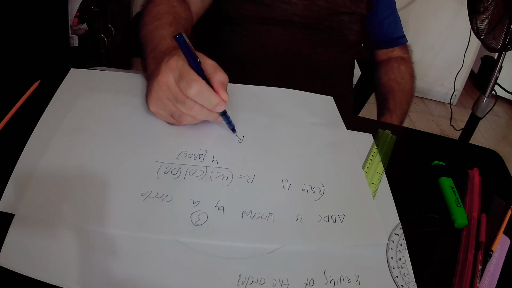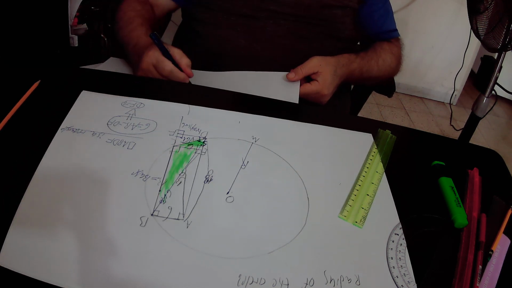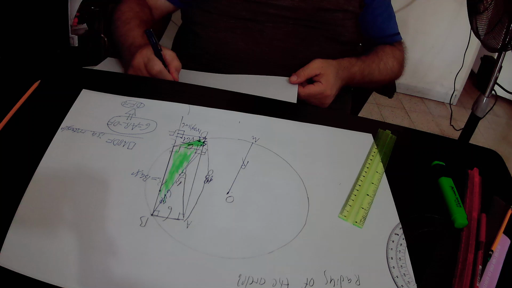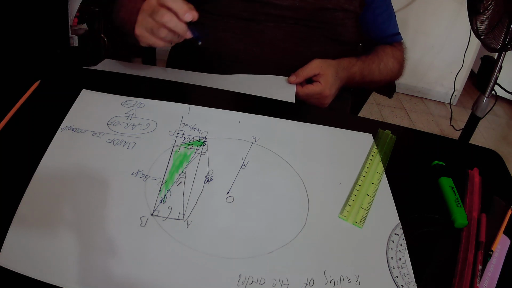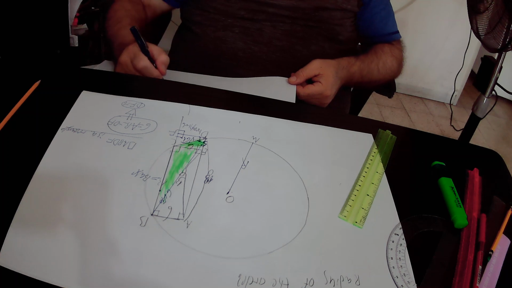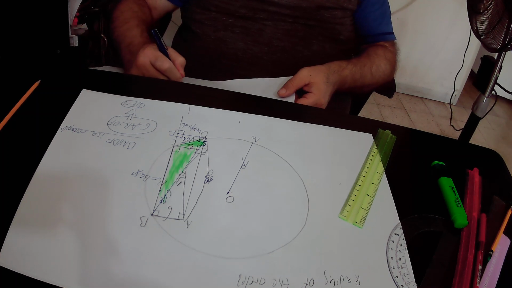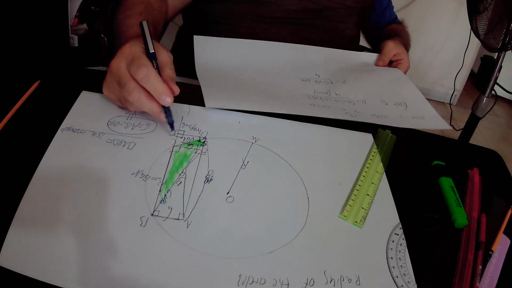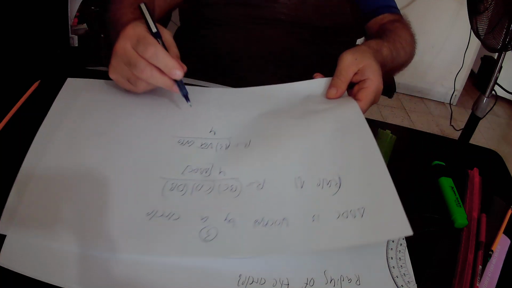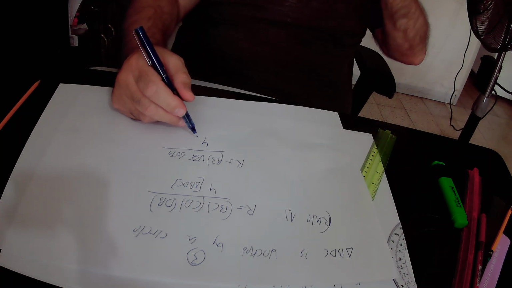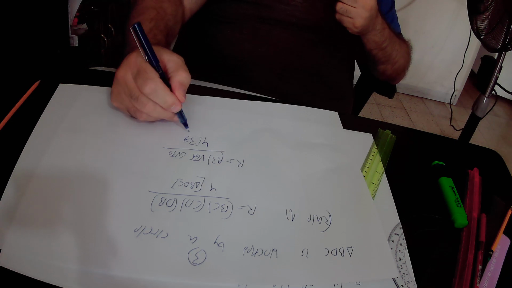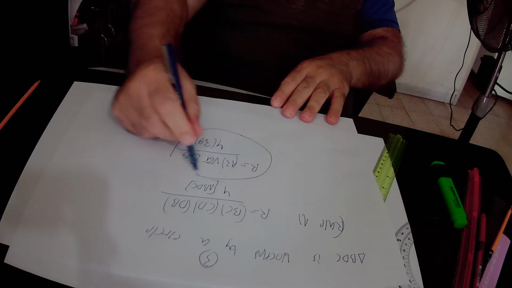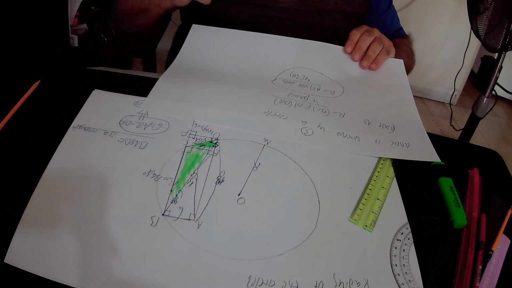So actually capital R equals BC, which is 13, times CD, which is the square root of 61, and finally DB, which is 6 times the square root of 10 units, over 4 times the area of the green triangle. We have already found out that the area of triangle BDC equals 39 square units.